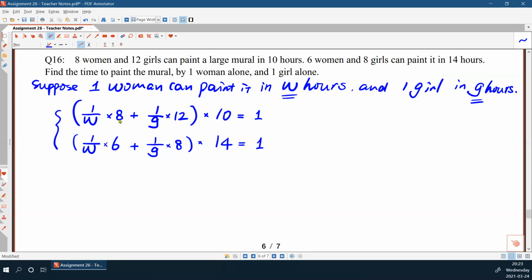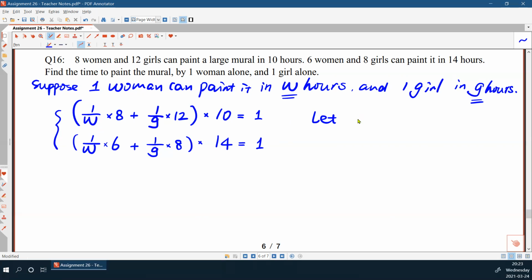So we have 2 variables and 2 equations, and we should be able to find the solutions to these 2 values. And note that this is not a linear system of equations, right? So we need to use the substitution method to make it a linear equation.